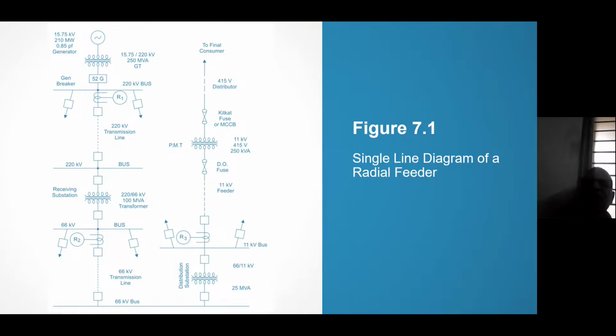250 MVA. GT means generator transformer because it is connected with the generator. It is a simple power transformer. Between generator and generator transformer, there is no breaker in the unit system of generation, because if you have a breaker, its breaking capacity required will be very large, as only generator reactance limits the current.